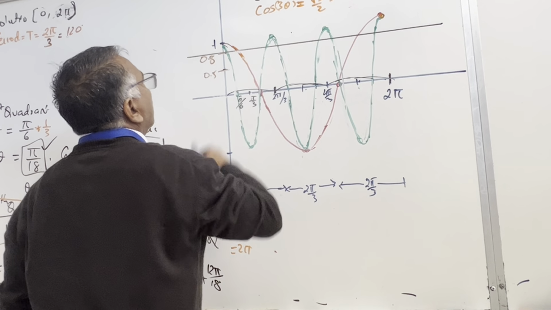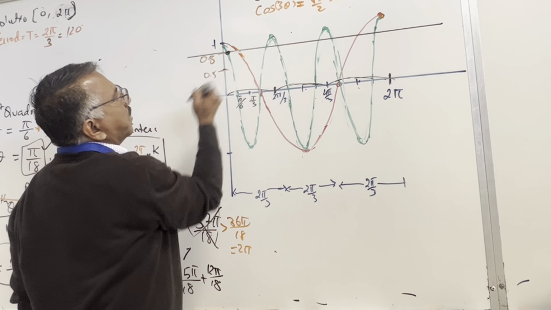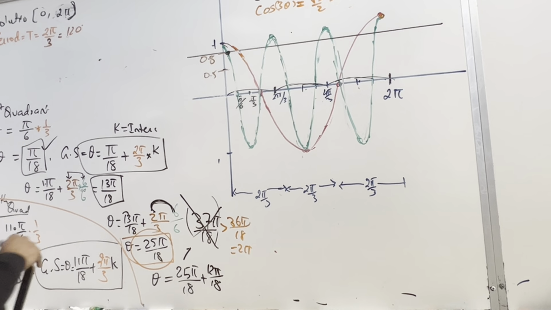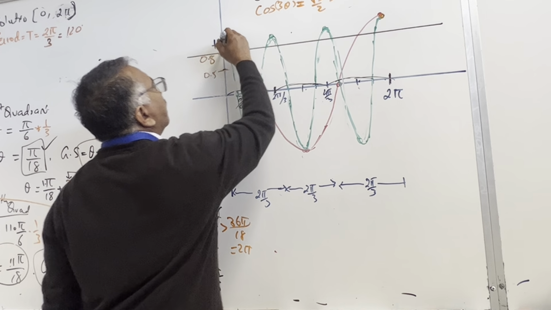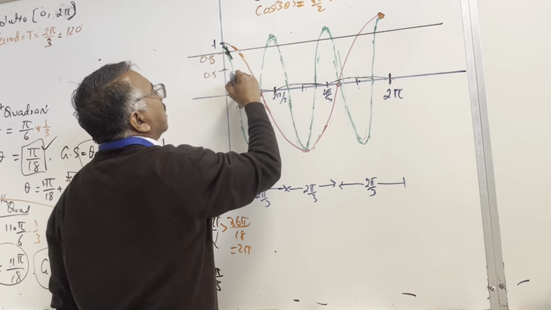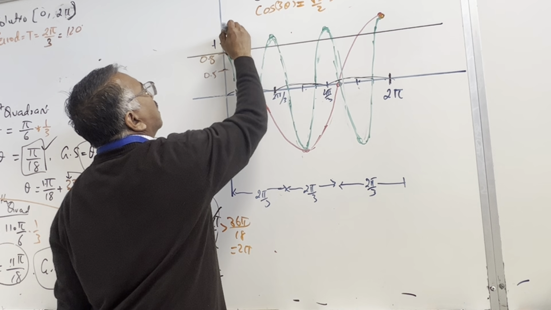You can clearly see this point where the graph meets. We want to know where this is the first point. The way I've drawn it is not correct, but anyway, this is pi by 6, so this part, this is not pi, this is 11.